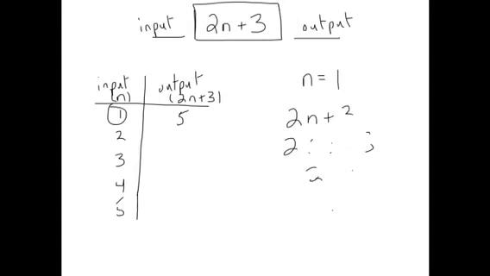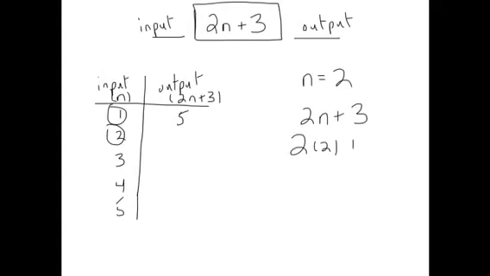Well, for the second output, we have n equals 2. So back to our linear relation, 2n plus 3, we have 4 plus 3, we have 7.